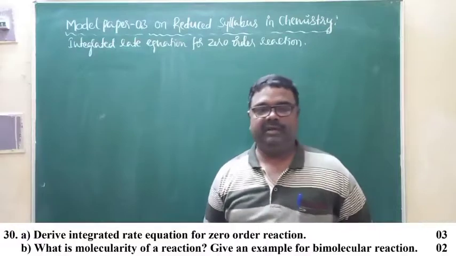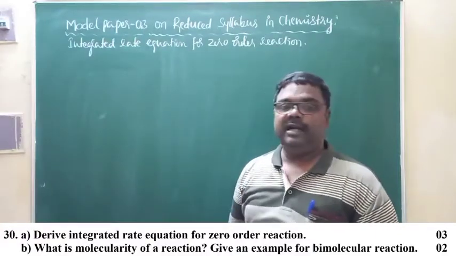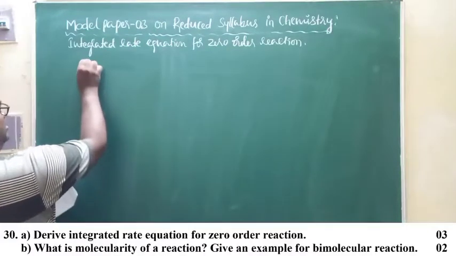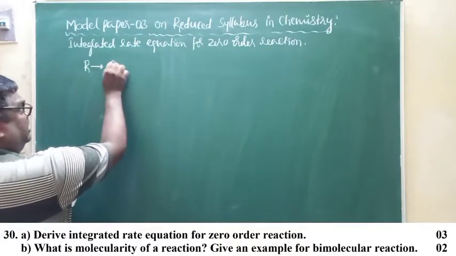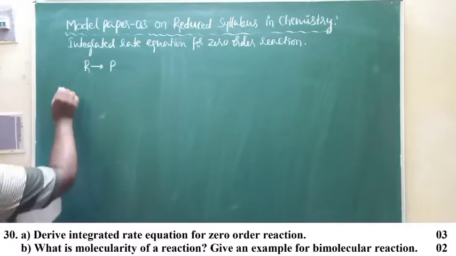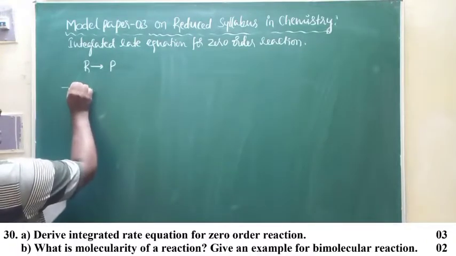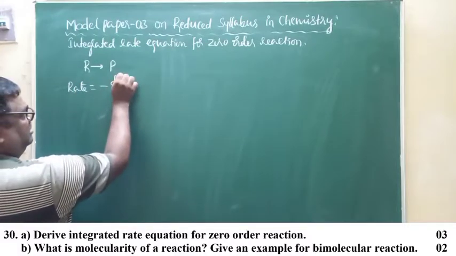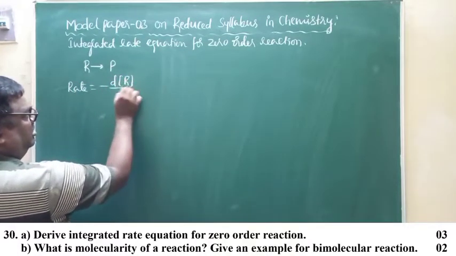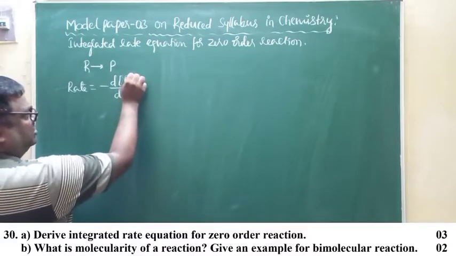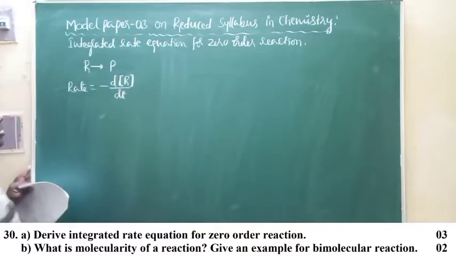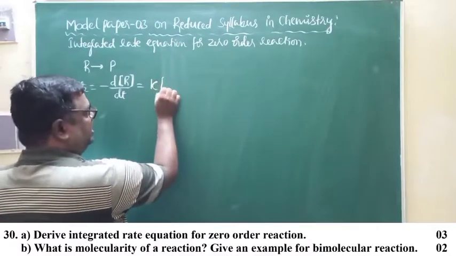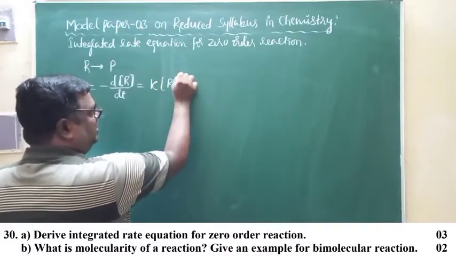Now let us see the derivation of the integrated rate equation for the zero order reaction. Consider a zero order reaction, R gives products. For a zero order reaction, the rate expression is minus d[R] by dt, where R in the square bracket indicates molar concentration of reactant, equal to k into [R] to the power 0.